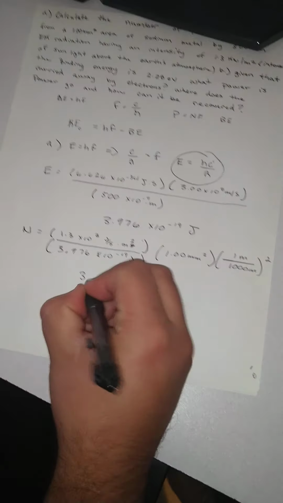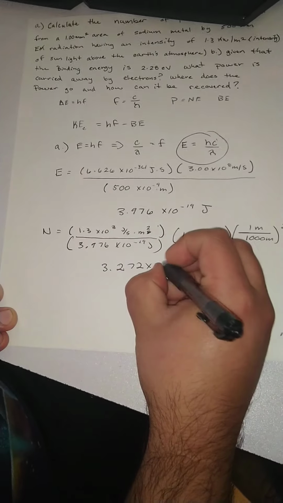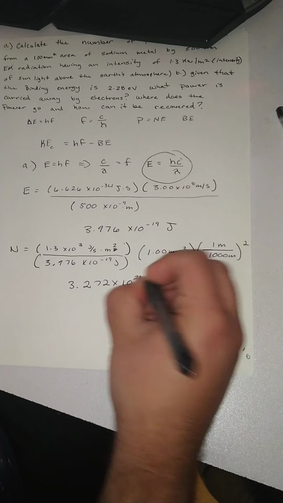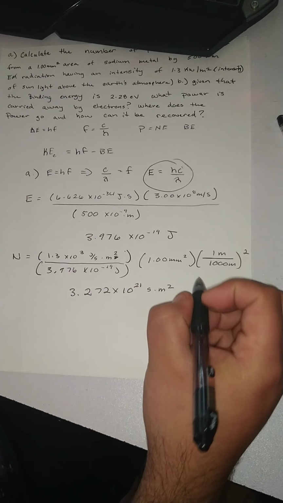So if we take that information, we're going to get 3.272 times 10 to the 21 seconds times meters squared.